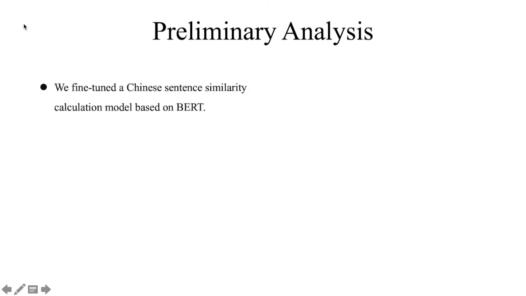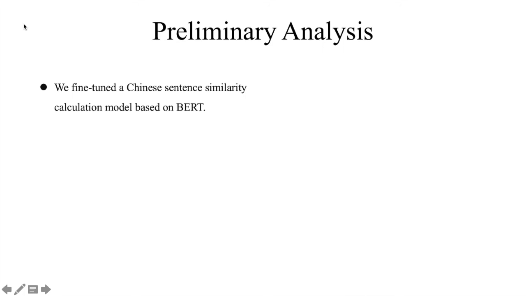And then, in order to compare the summaries given by different participants from the semantic aspect, we fine-tuned a Chinese sentence similarity calculation model based on BERT. We first calculated the similarities between different summaries given by participants corresponding to the same articles.